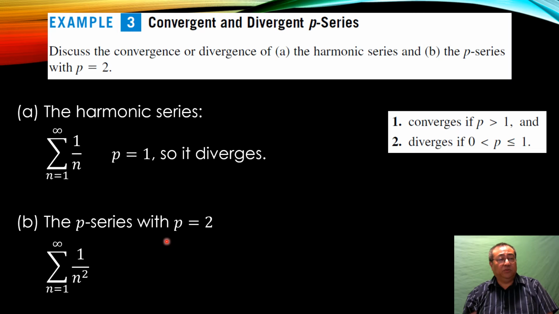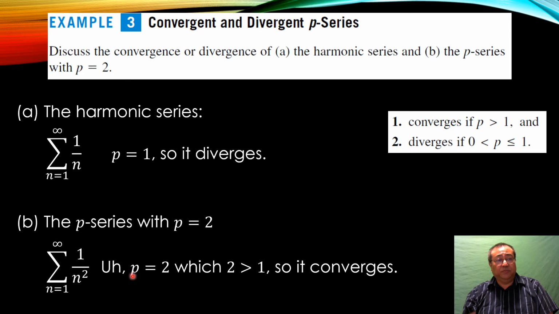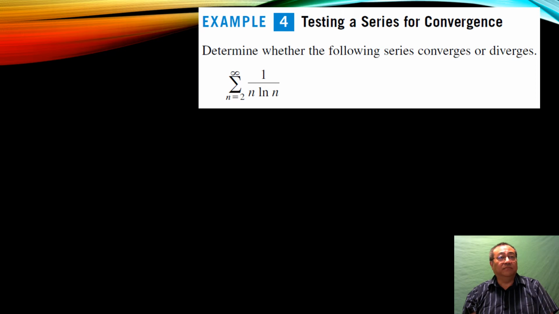It looks like this. The exponent is 2. That was the example I used for the integral test. That's probably why the author didn't use this example for the integral test, because it's better done with the P series test. p equals 2, which is bigger than 1, so it converges. That's it. So the P series test is very easy if it's in that form.